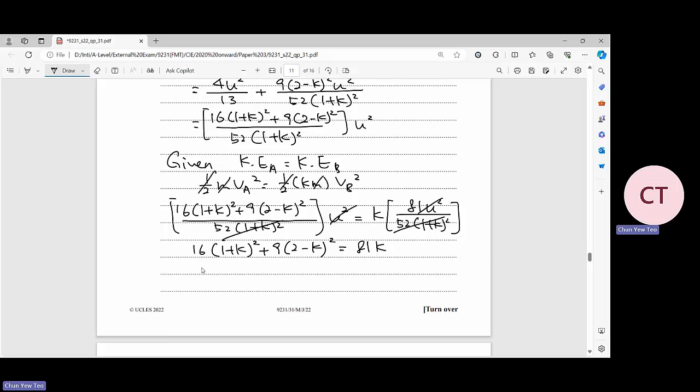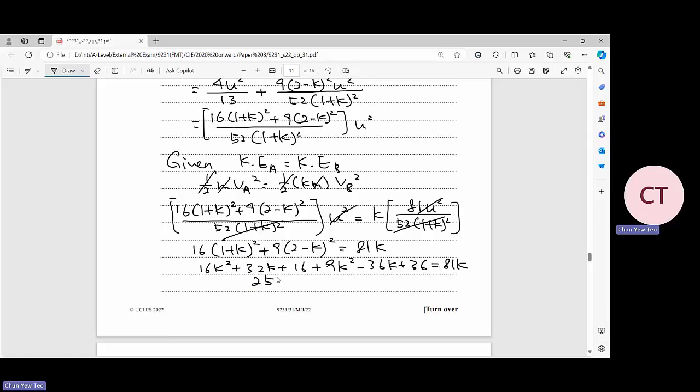Then expand, you get 16k square plus 32k plus 16 plus 9k square minus 36k plus 36 equal to 81k.